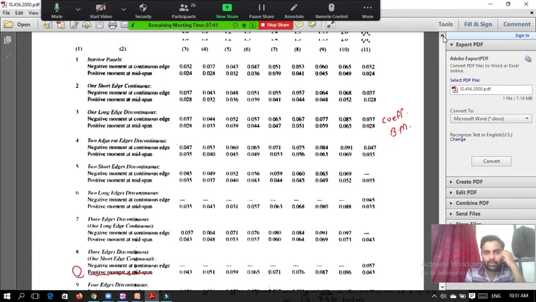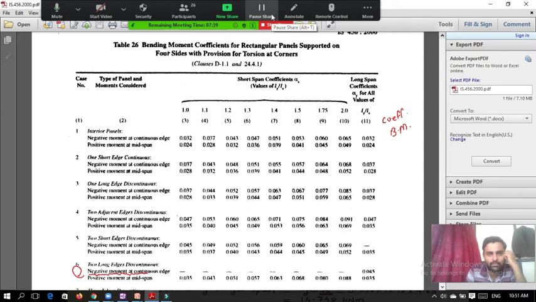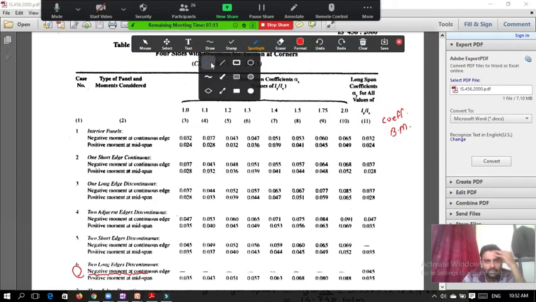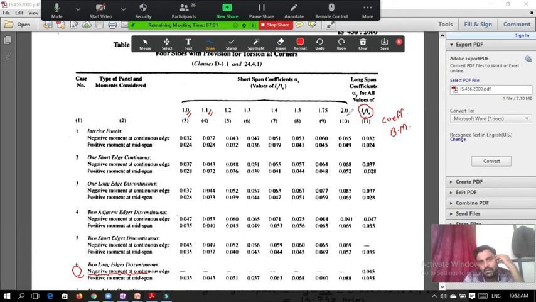Before going back I will just tell you what is given over here. If you see the span coefficients, alpha x, the values of ly by lx, this is the short span coefficients, and these are the longer span coefficients. This is for different values of ly by lx: when ly by lx is 1, 1.1, 1.2, 1.3 up to 2.